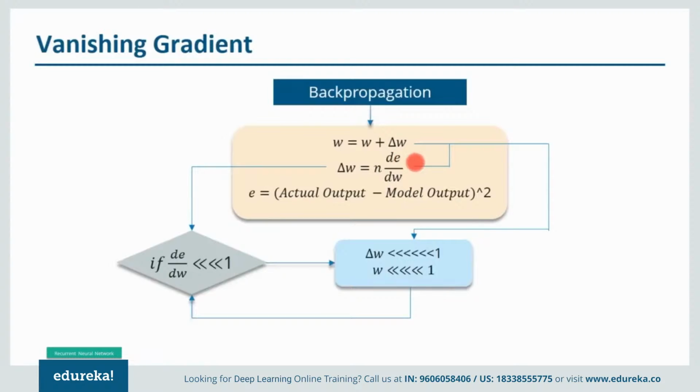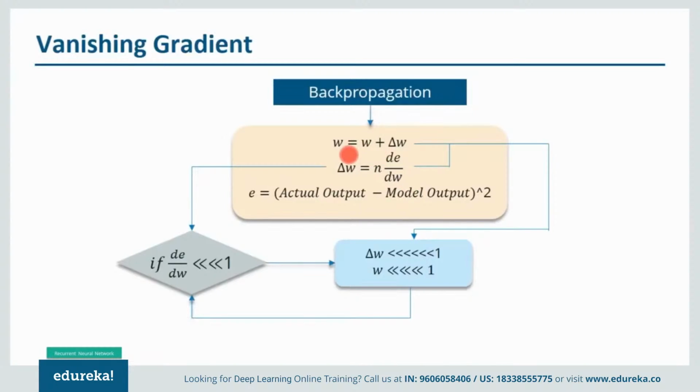So change of error with respect to weight multiplied by the learning rate will give you the change in weight. Then you need to add that change in weight to the old weight to get the new weight. Obviously what we are trying to do is reduce the error. So for that we need to figure out what will be the change in error if my variables are changed, right?